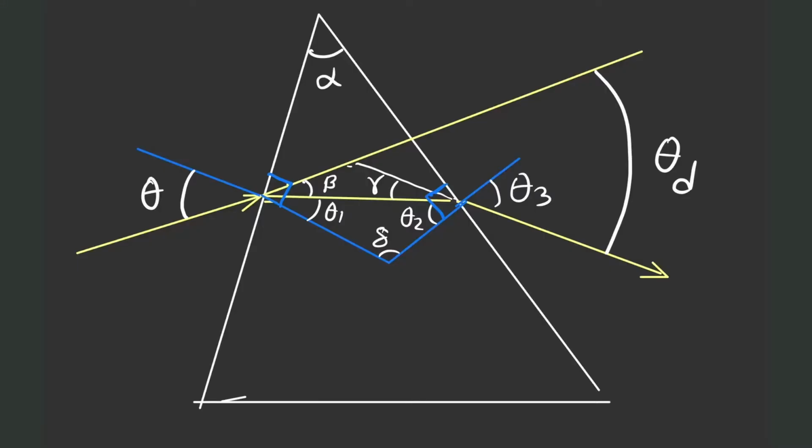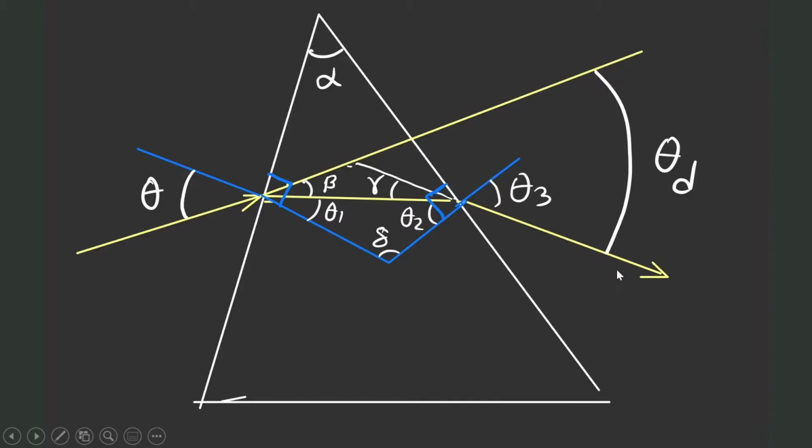Now, we want to make a relationship between the deviation angle theta d and the incident angle theta. As you see, theta d is the angle between the original incident ray and the exiting ray.